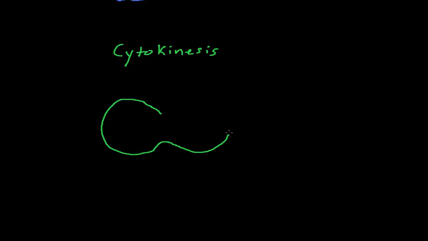So the only thing left is the last stage, which is cytokinesis. Kinesis comes from the word kinetic, which means to move. Cyto means cell. What happens is the cell membrane starts pinching. It starts squeezing together right here. We already had a brand new nucleus on each side with the same genetic material in.